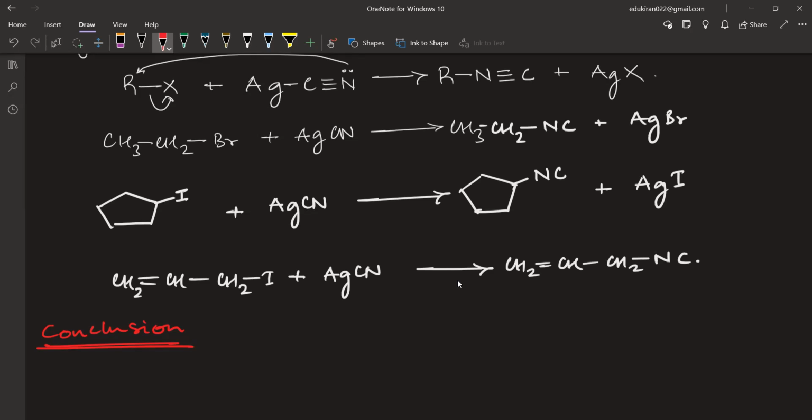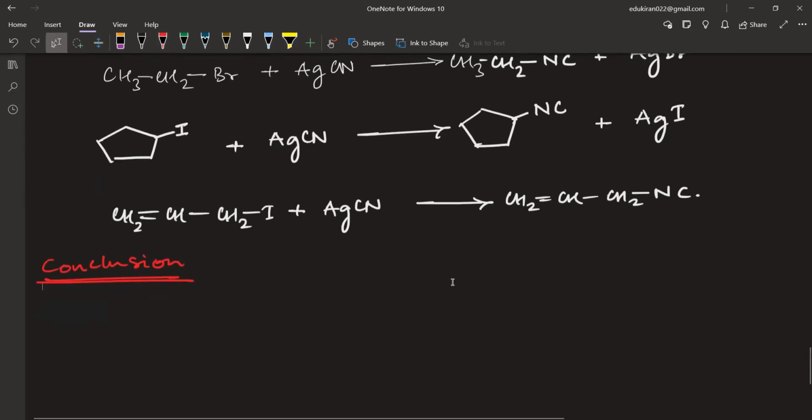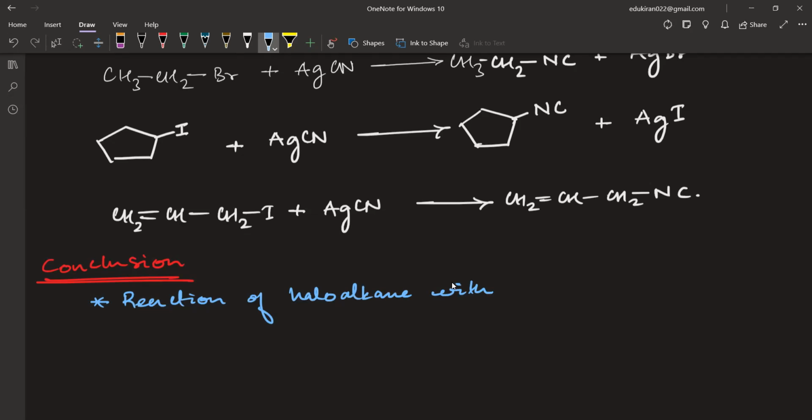so this whole thing that we have learned till now, what we can conclude from here, we can conclude that reaction of haloalkane with KCN gives alkyl cyanide or alkyl nitrile.